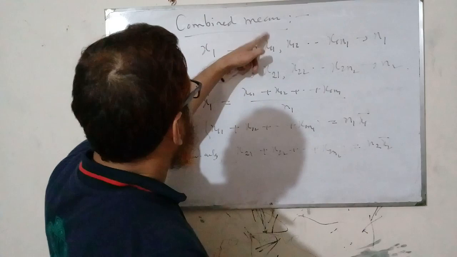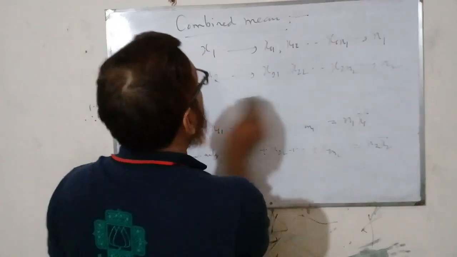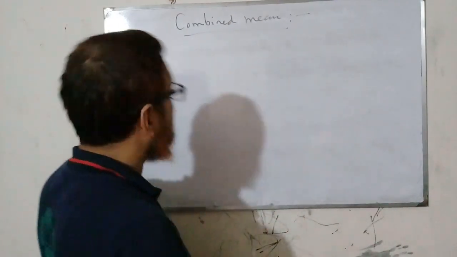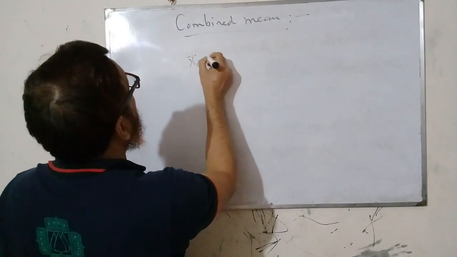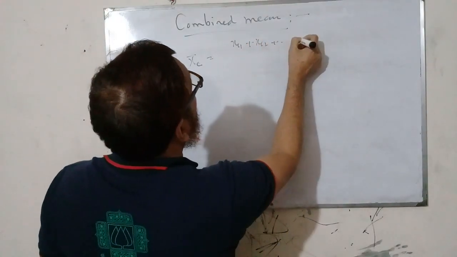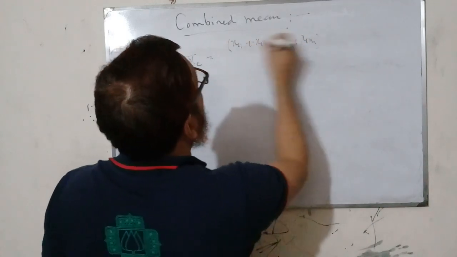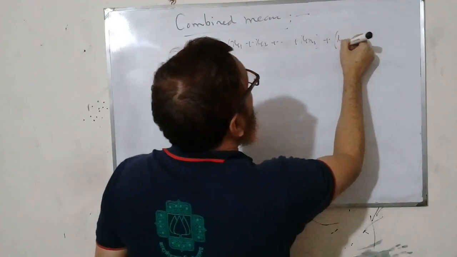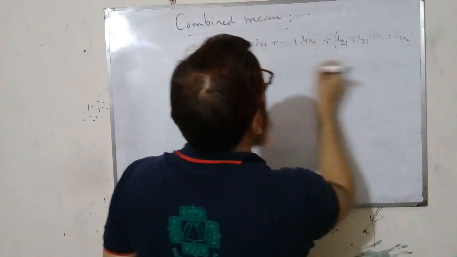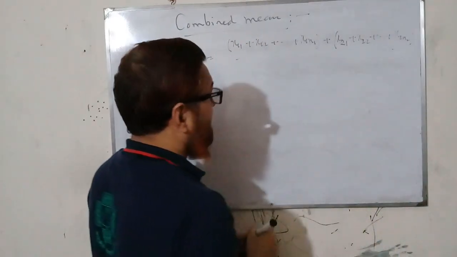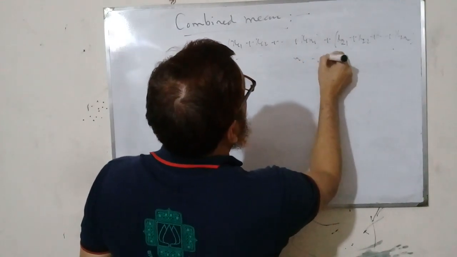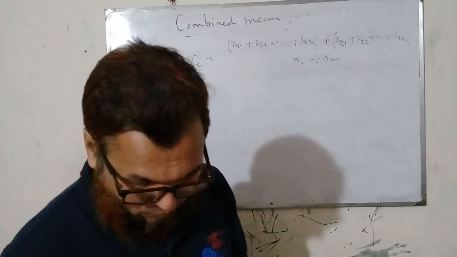Now the mean of the combined set is x bar c, that means combined, equals x11 plus x12 plus ... plus x1n1 plus x21 plus x22 plus ... plus x2n2, divided by n1 plus n2.